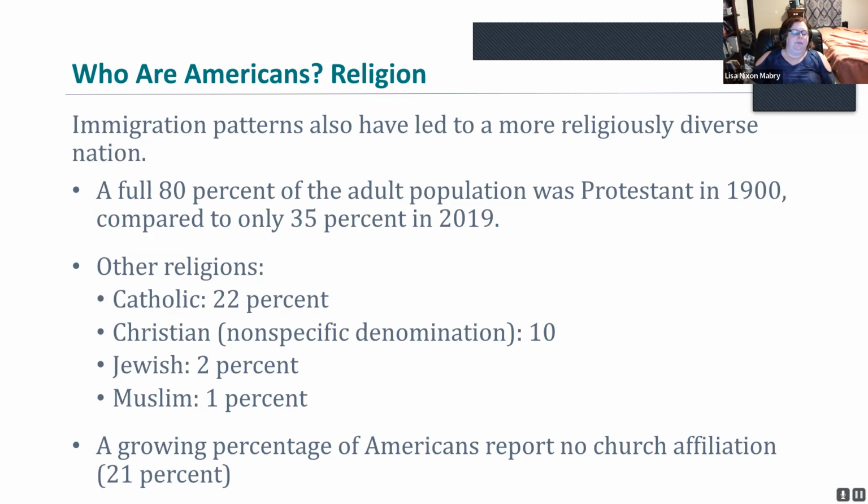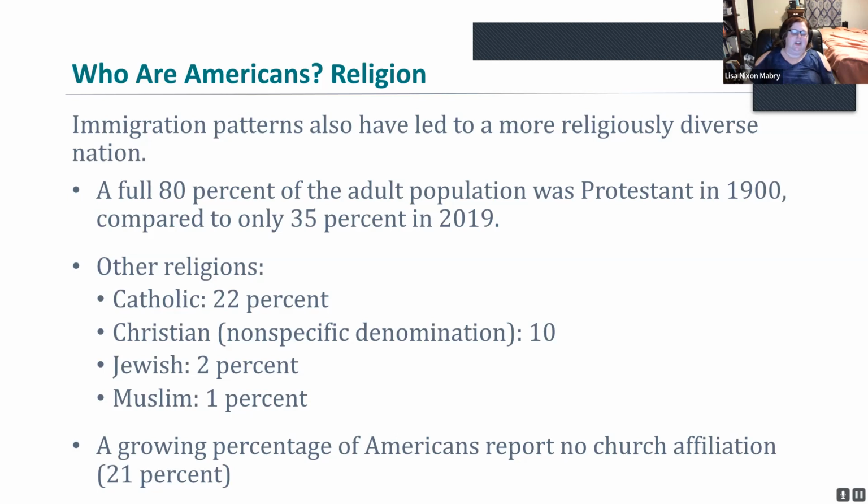But more and more people are not connecting either with a specific organized religion or any religion at all. A lot of people may consider themselves spiritual, but not connected to religion, or they're more about humanism, putting faith in what they can see. Some people worship trees. There are a multitude of things that people go towards, and we'll talk about some more of that when we get to the civil liberties and religion section.